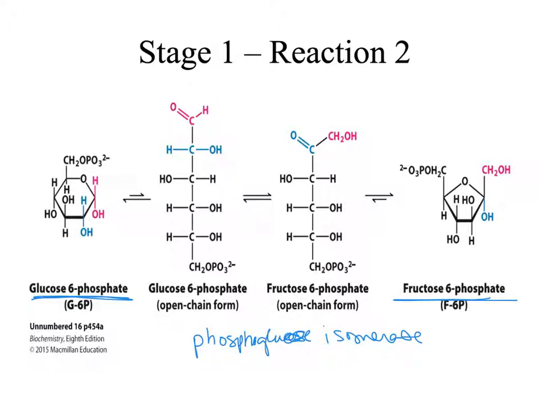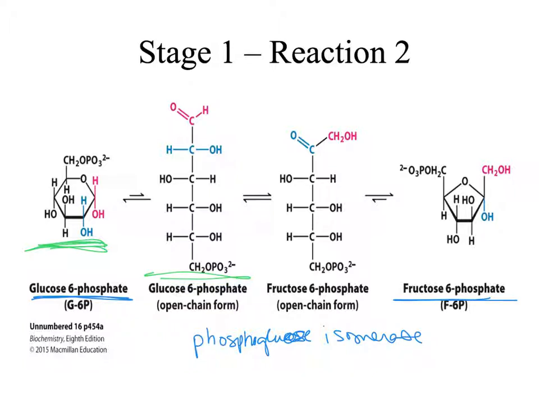And that's because if you notice, this glucose 6-phosphate is present in a ring structure. And so we have to first facilitate the opening of this ring structure. Okay, so we form this open chain form.